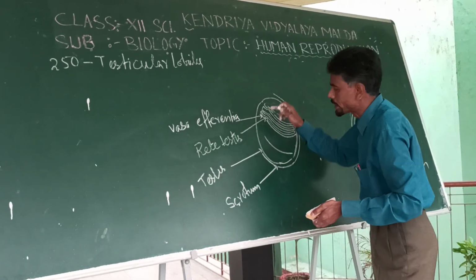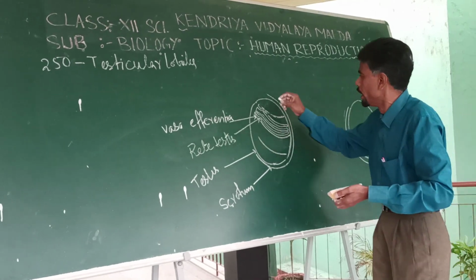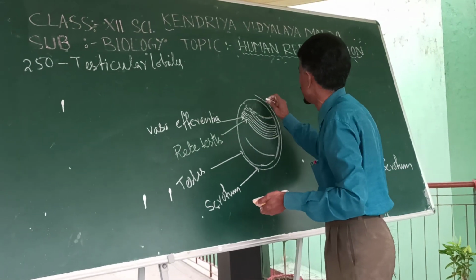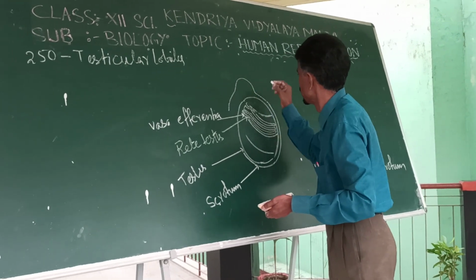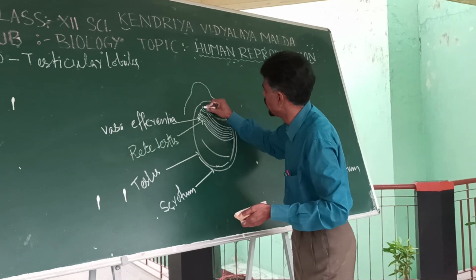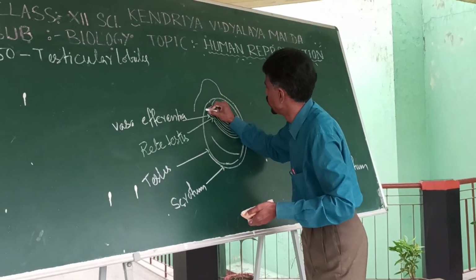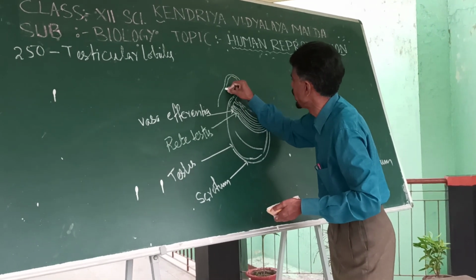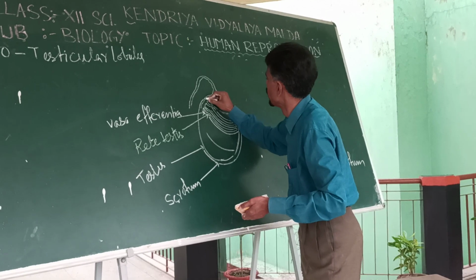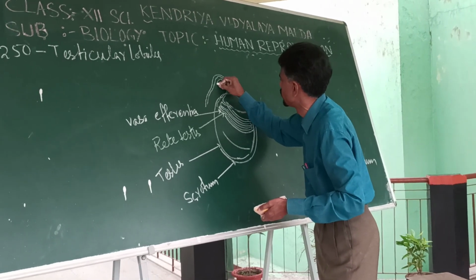Now, all the vasa efferentia from different testicular lobules enter into a highly coiled tubule which ascends up at the posterior upper part of each testis.